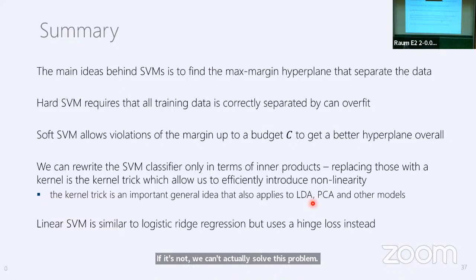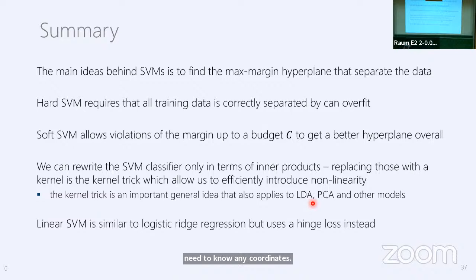So then we introduced the idea of soft support vector machines, where we allowed some slack. We allowed some data points to be within the margin or even on the wrong side of the boundary. We controlled how many of these violations we allow with the budget parameter C. We also saw that we can rewrite SVM in terms of inner products only, which means we don't need to know any coordinates or vectors that represent our data points.